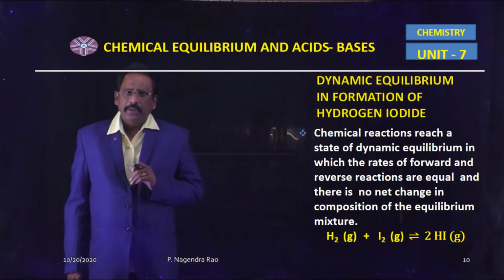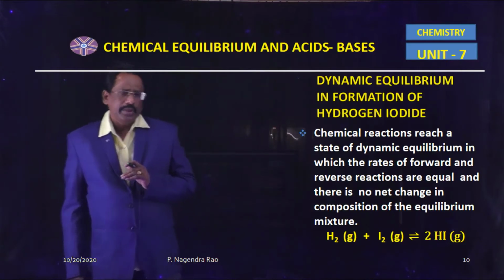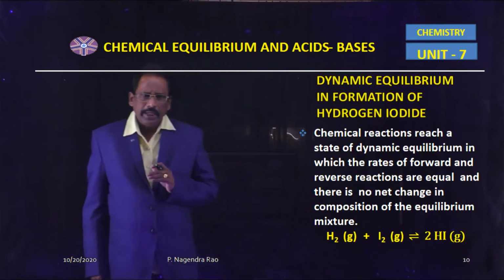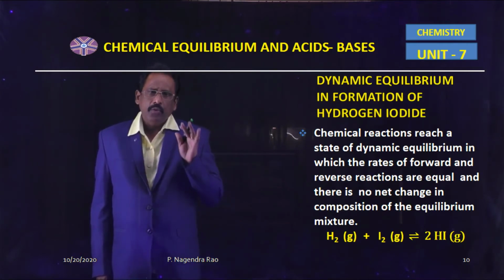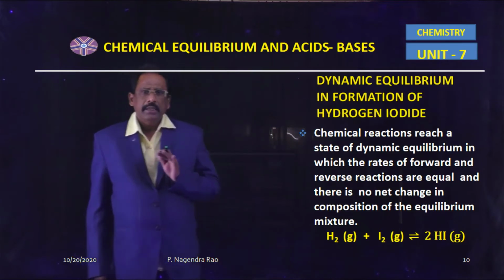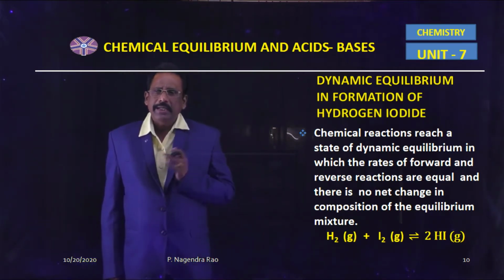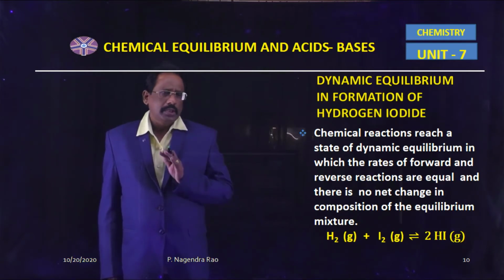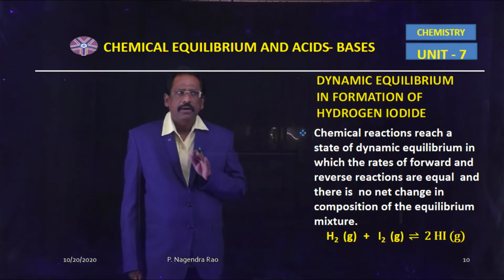For example, dynamic equilibrium in the formation of hydrogen iodide. When 1 mole of dihydrogen gas combines with 1 mole of iodine gas, 2 moles of hydrogen iodide gas are formed.